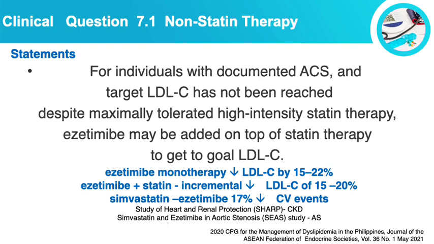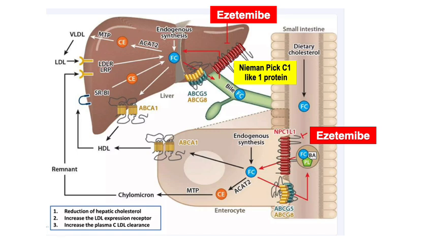Combining ezetimibe with statin therapy, there is an incremental decrease in LDL-C of 15 to 20%, whereas the combination of simvastatin plus ezetimibe results in a 17% reduction in cardiovascular events. Ezetimibe is the first lipid-lowering drug that inhibits intestinal uptake of dietary and biliary cholesterol without affecting the absorption of fat-soluble nutrients.